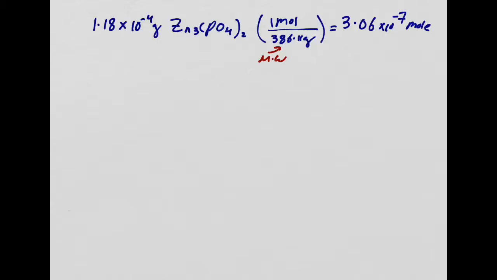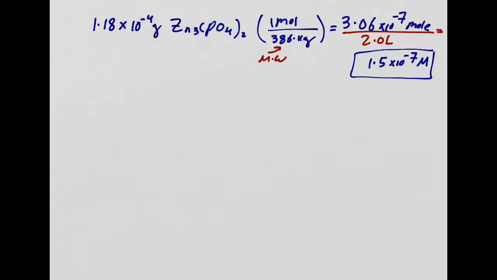Read the question. It is in a 2.0 liter solution, right? So moles divided by liters, I get 1.5 times 10 to the minus 7 molar. That's how much zinc phosphate dissolved in a 2 liter solution.